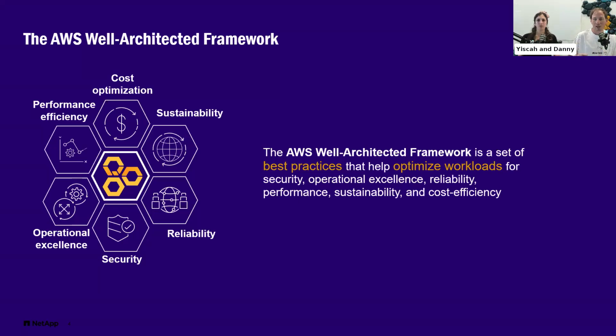You can really take it, put it in a frame over your desk, and work accordingly. It consists of 6 major pillars: performance efficiency, cost optimization, sustainability, operational excellence, security, and reliability. The idea is to design our applications with these pillars in mind. Next slide, please.